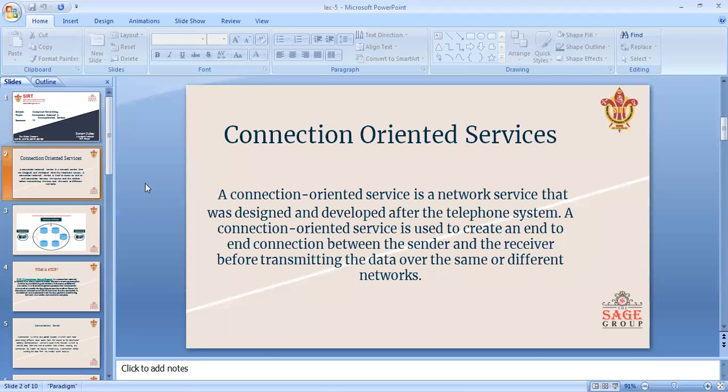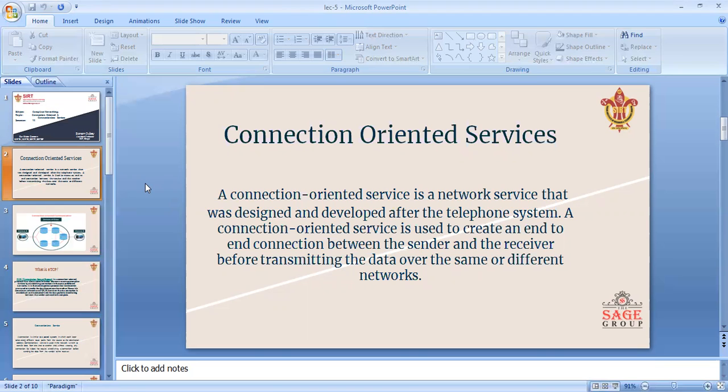Now, connection-oriented services. A connection-oriented service is a network service that was designed and developed after the telephone system. It is used to create an end-to-end connection between the sender and the receiver.